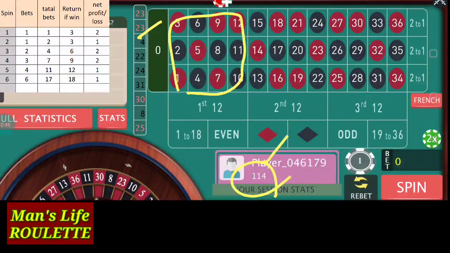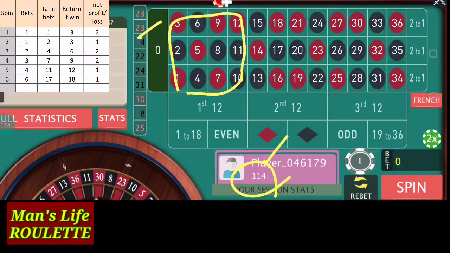You can see here. So definitely this strategy is nice to apply on any kind of roulette, online or a real roulette. That doesn't matter. This kind of strategy works quite well in every form of roulette.